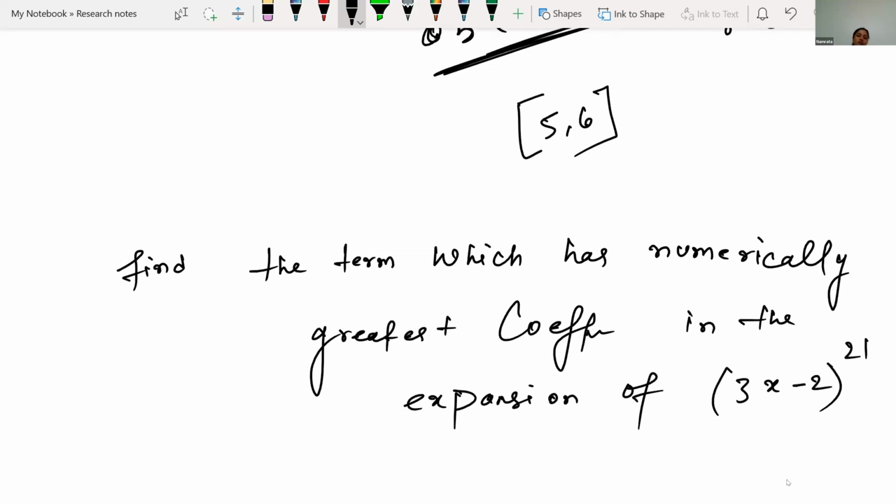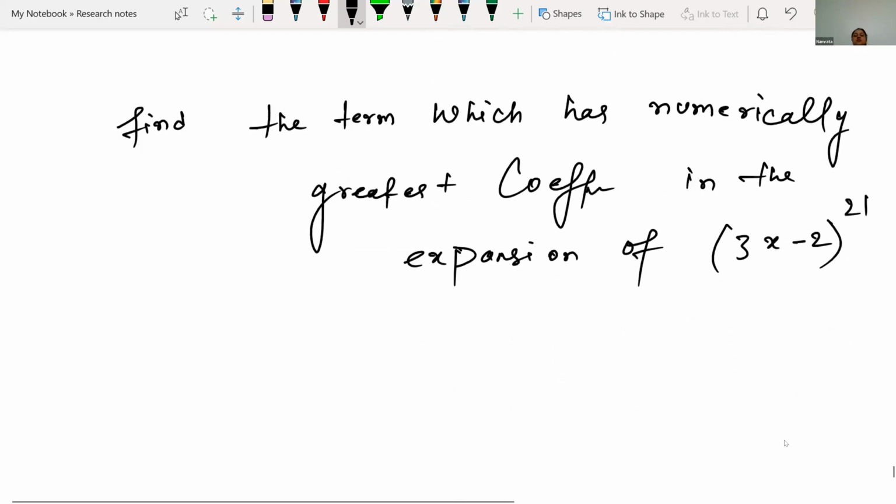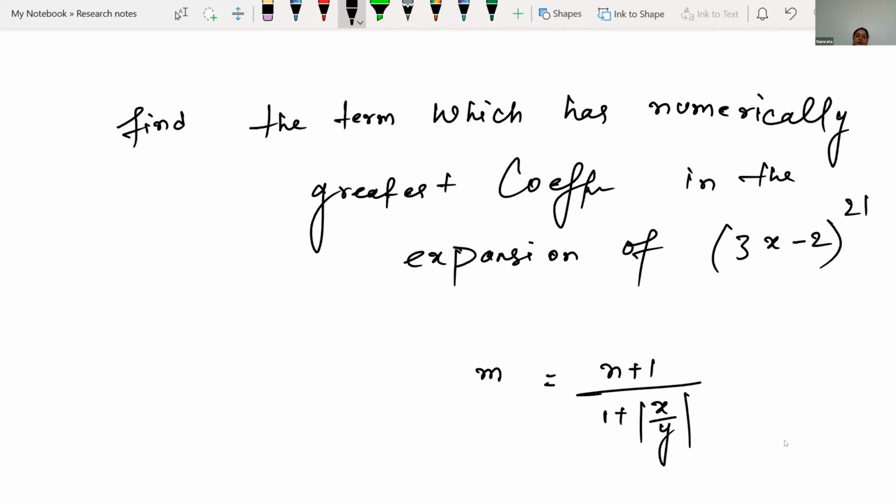Okay. Here, first thing first, numerically greatest, once you see it, you have to find m. What is m? n plus 1 by, what was there? 1 plus mod of x by y, right? Yes, ma'am. n is 21, plus 1. Let's do it quickly. 1 plus modulus of x, which is 3x, y is minus 2. Is it clear so far?